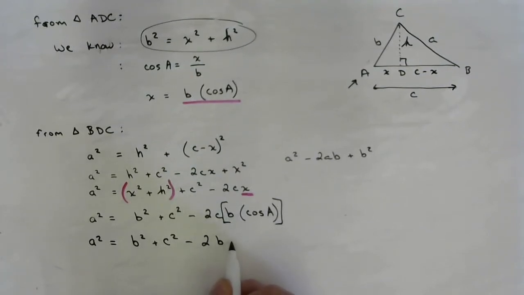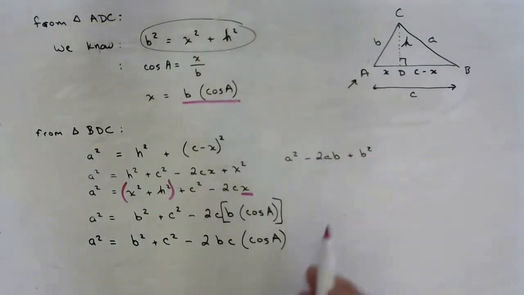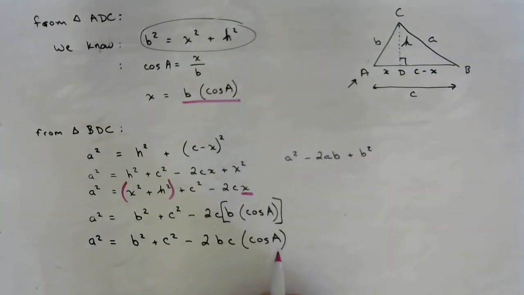So I'm going to go 2 times b times c times the cosine of A. And now we have a formula. We have an equation that relates the 3 side lengths in this triangle and 1 angle in this triangle. Okay, this is the cosine law.